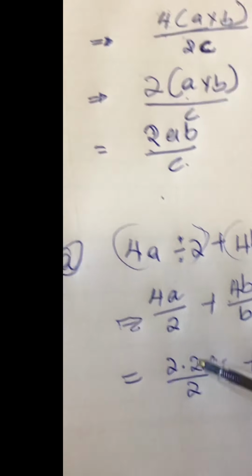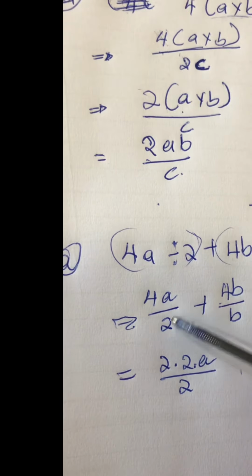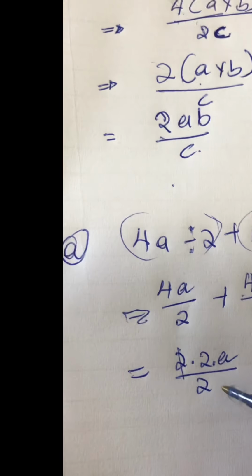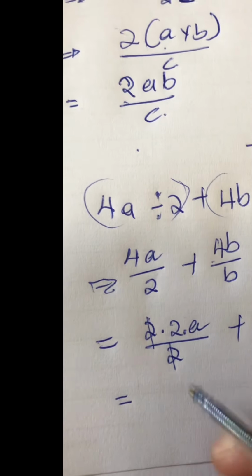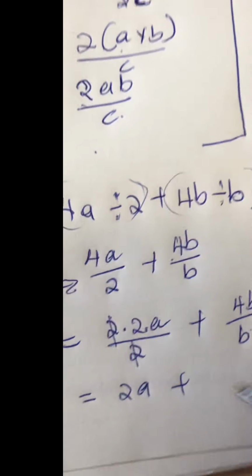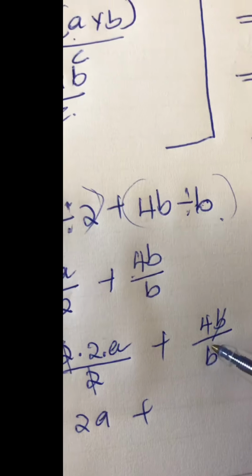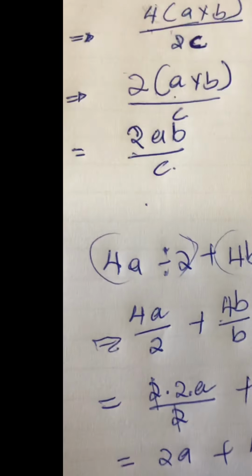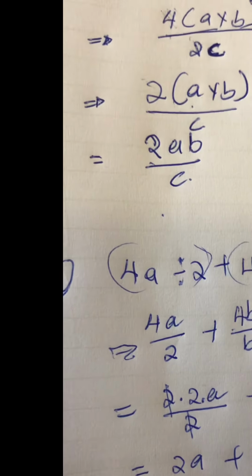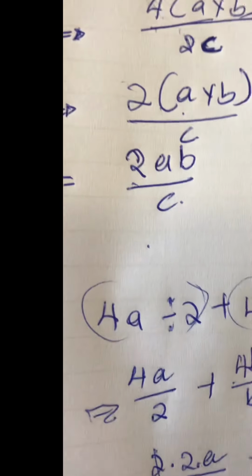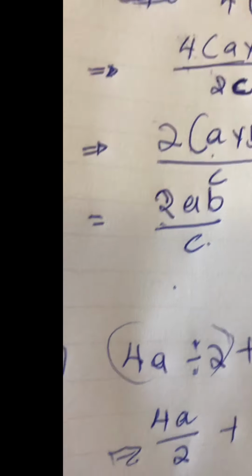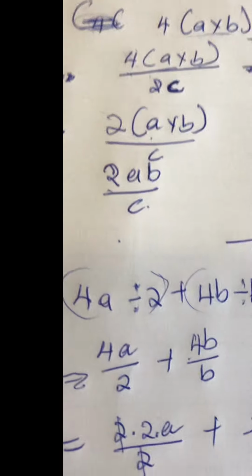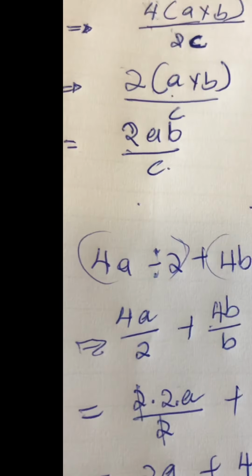The reason I'm writing it like this is because I want us to be able to divide this 2. So this 2 will cancel this one, and we are left with only 2a. This side, b is going to cancel b, and then we are left with 4. So your answer will be 2a plus 4, right? I hope that makes sense.